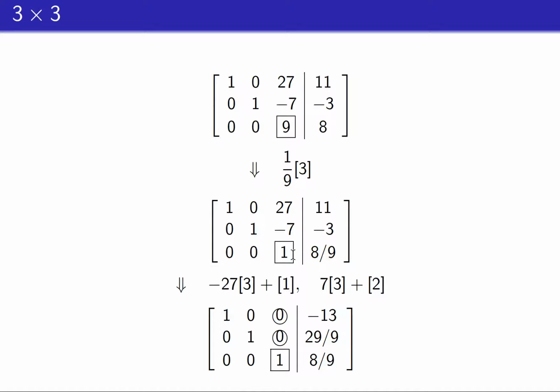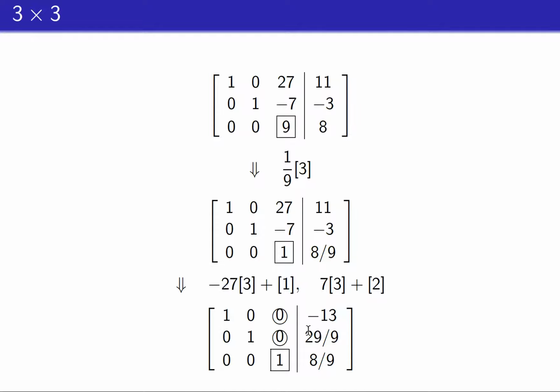Now, once I got this to be a 1, I can use this to turn these to 0, and this is how I do it. -27 times this added to this one, 7 times this added to this one, and we get this. Okay, x equals -13. This equation says y equals 29/9. This equation says z is equal to 8/9. All right.